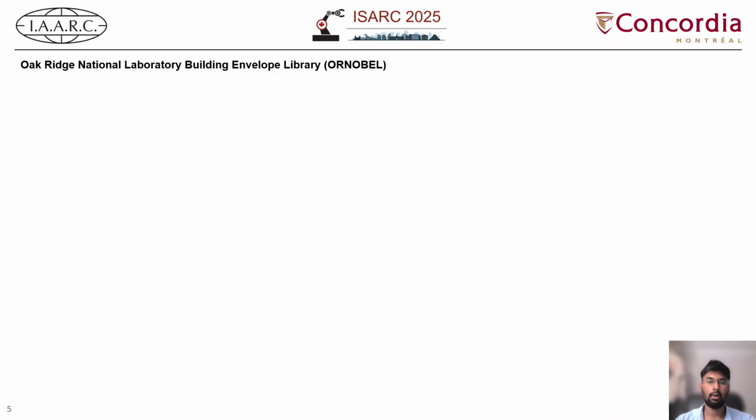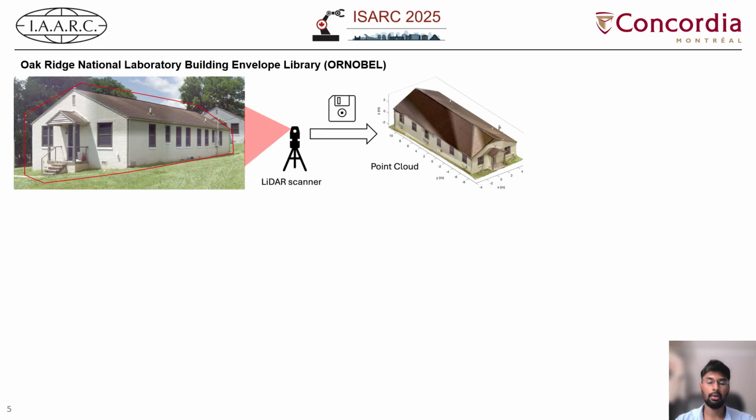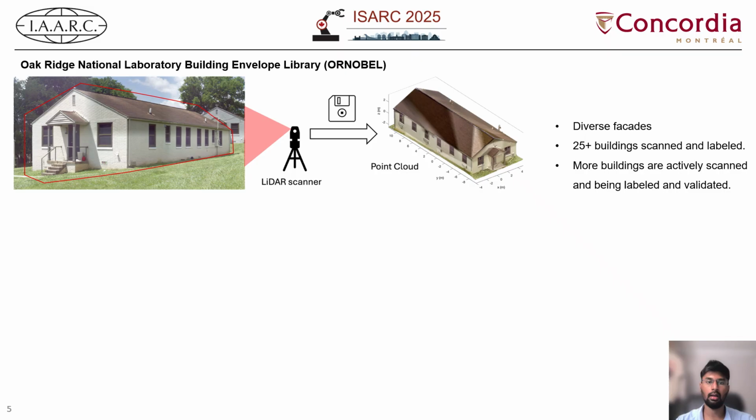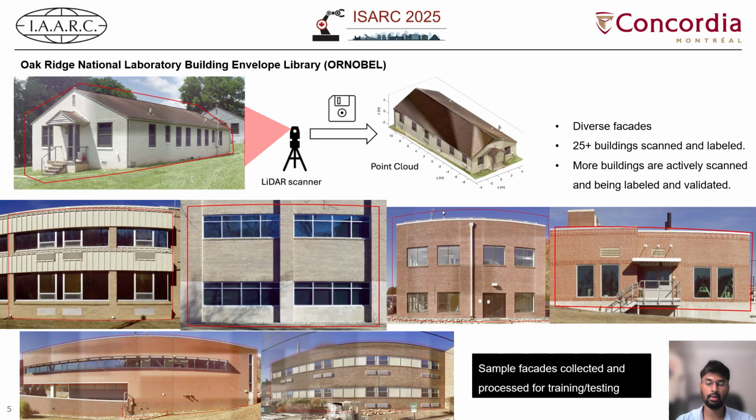As a part of our Oak Ridge National Laboratory Building Envelope Library or ORNABLE, we have scanned and labeled over 25 building point clouds, thereby creating a diverse dataset for training and testing the models. The diversity of the dataset ensures that our models can handle various building architectural types and conditions, which is an essential part for retrofitting older buildings.